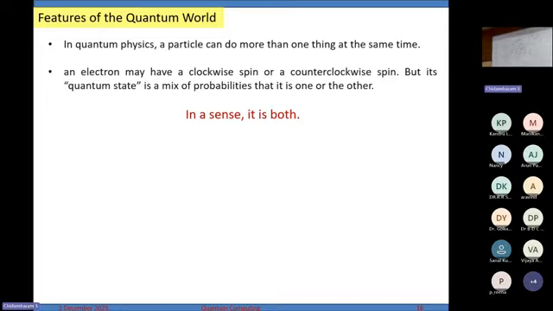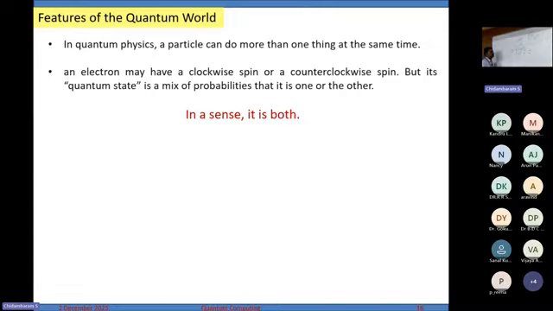Correct. What I said about no cloning is, what you are talking about is after measuring it. I am saying before measuring it. When it is in the quantum state, can I copy? When we discuss the no cloning theorem, we will prove this. What do you mean by copying?